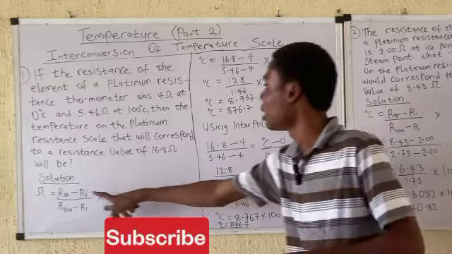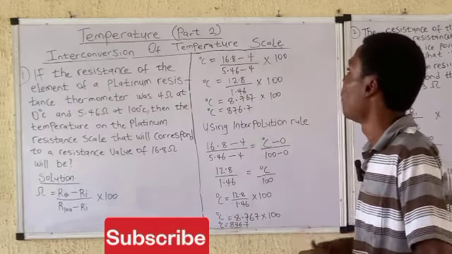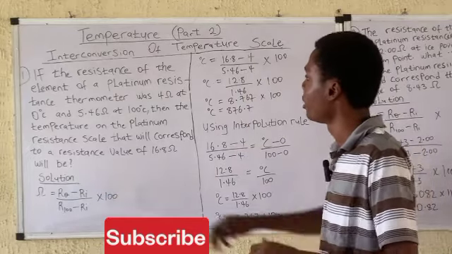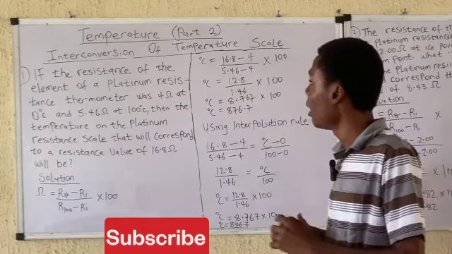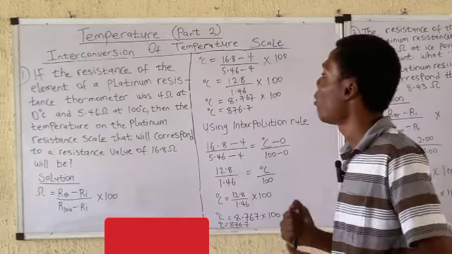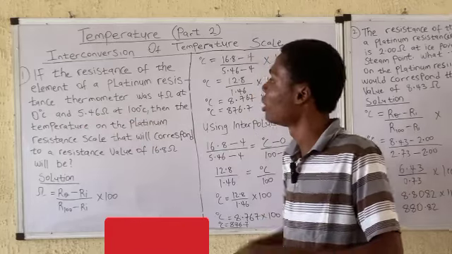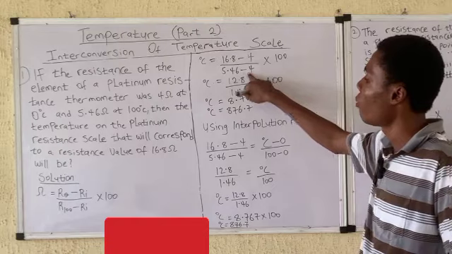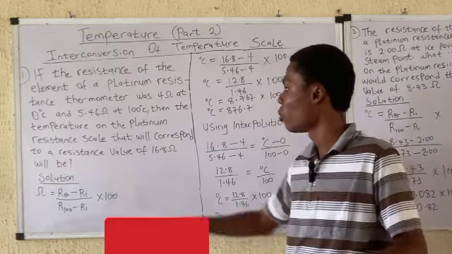Now, so we use the formula to solve this question. So our R theta, like I said before, is 16.8 minus our Ri, which is our lower fixed point here, which is 4. So we have minus 4, divided by our R100, which is our upper fixed point, 5.46, minus our lower fixed point, which is 4. Then multiply by 100, as you can see in the formula.